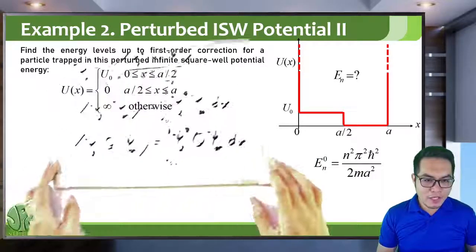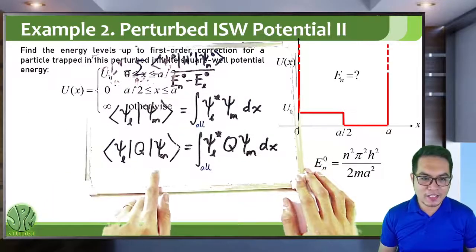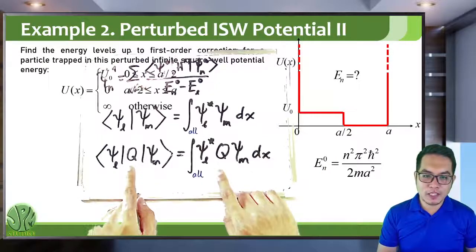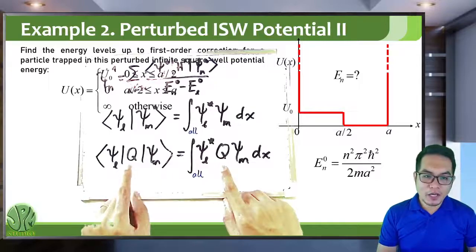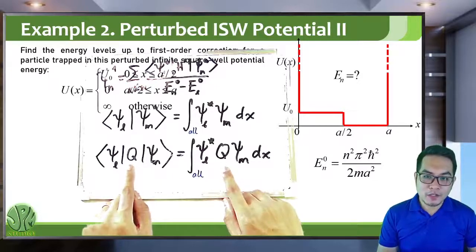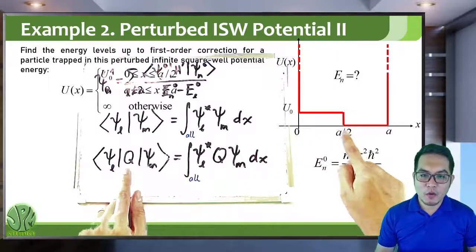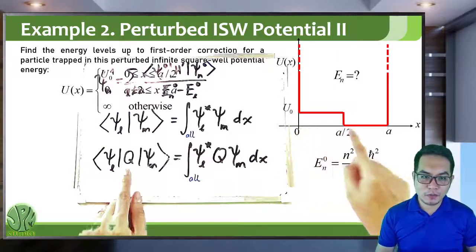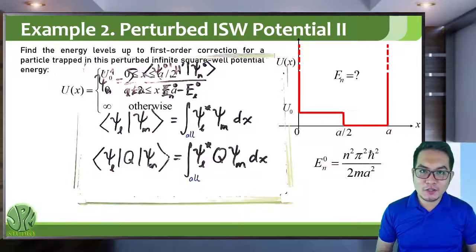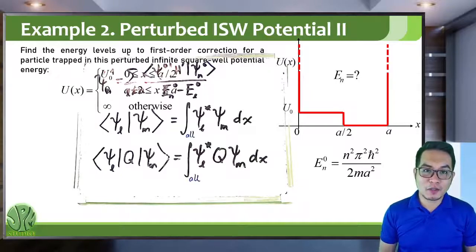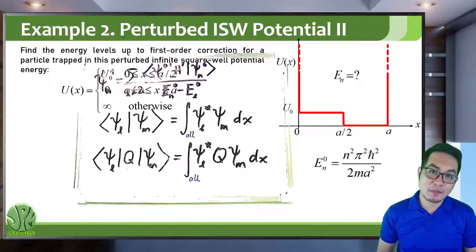Now, in our case, we will have something like this, an expectation value of a quantity Q. Our Q here is our perturbation, and our perturbation is only defined from 0 to a/2. It's not from 0 to a. So we cannot automatically use the orthonormality condition, which is just the Kronecker delta δ_LM, because our limits are not from 0 to a.